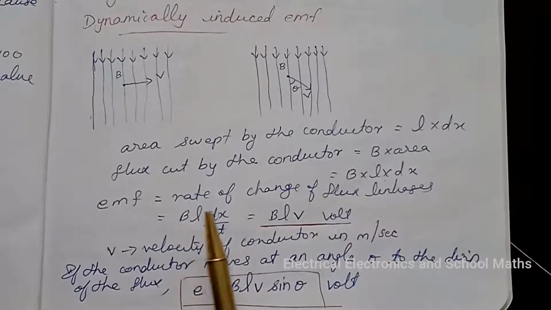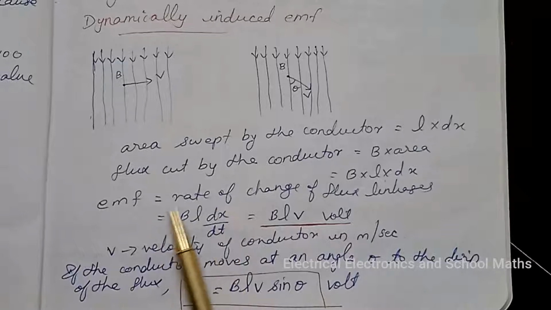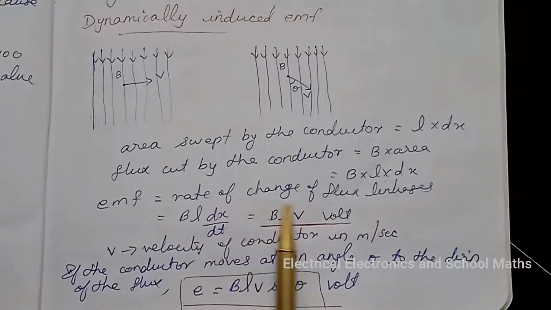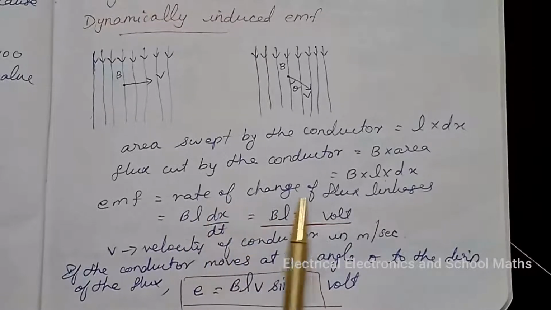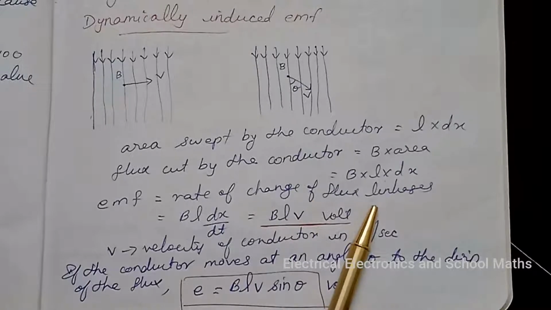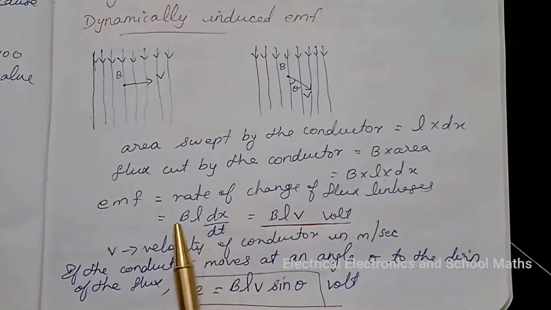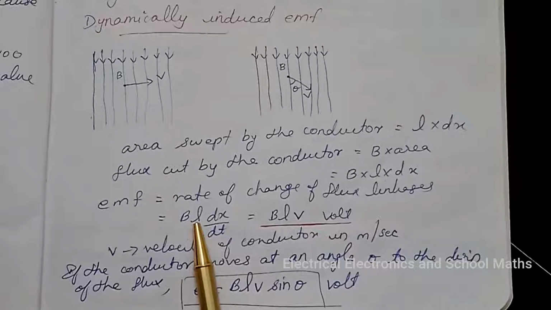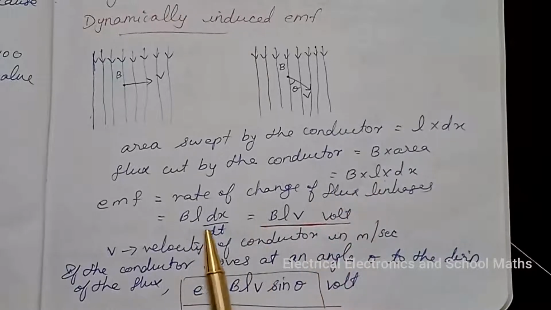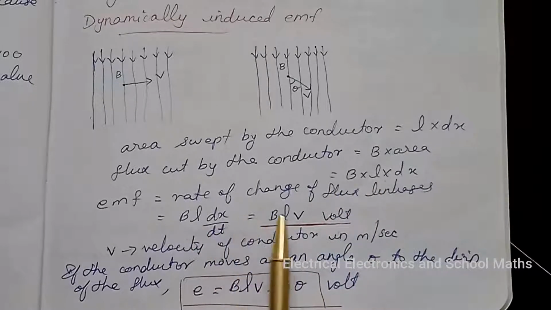And according to Faraday's law, the induced EMF is given by the rate of change of flux linkages, that is B into L into dx by dt.